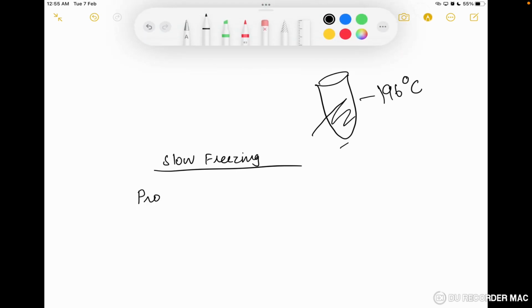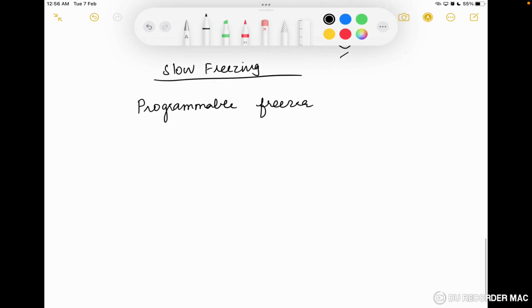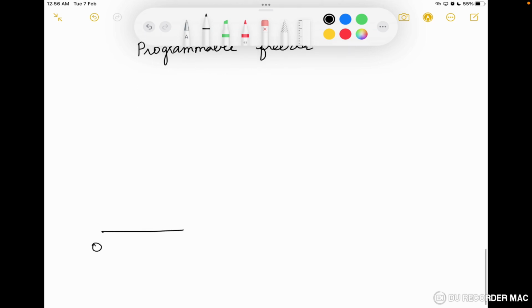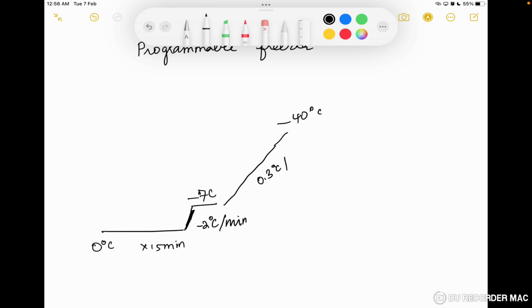It's a chamber where the freezing happens in a step ladder pattern. Initially 0 degrees Celsius is maintained for 15 minutes, and then we take it to minus 7 degrees Celsius at minus 2 degrees Celsius per minute, and then from minus 7 degrees Celsius we go to minus 40 degrees Celsius at a rate of 0.3 degrees Celsius per minute.